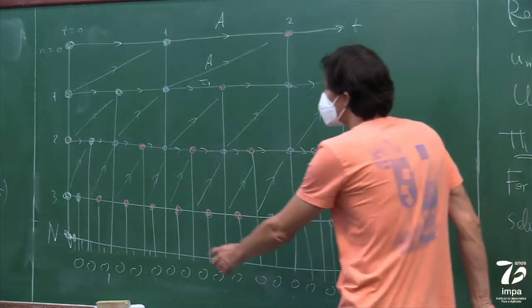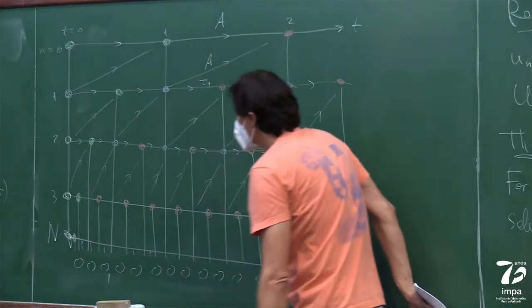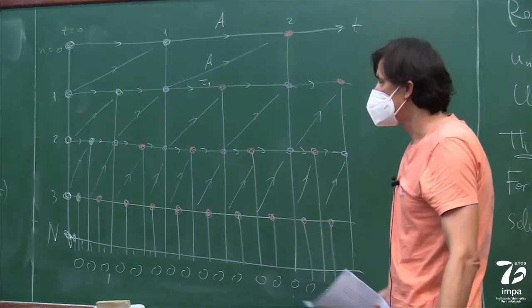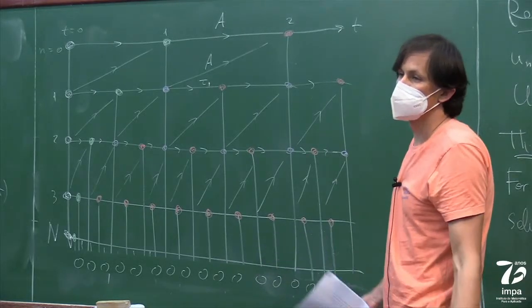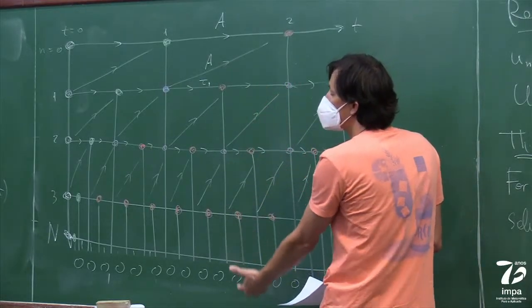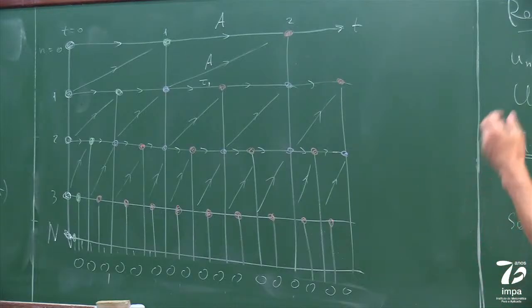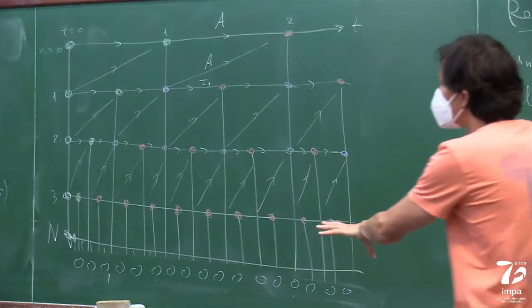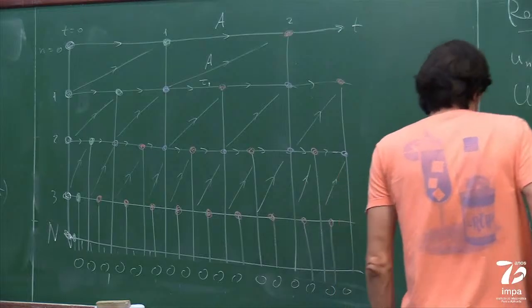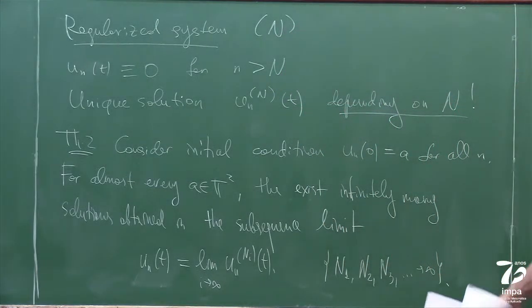So the scale at which viscosity acts becomes smaller, smaller, and smaller, and we may expect that there will be some limit of this process. So we get a solution which will be a solution of our original problem, obtained from a physically motivated condition, that we regularized, but then removed the regularization in the limit. So the third theorem tells that it almost never happens. So the limit does not exist.